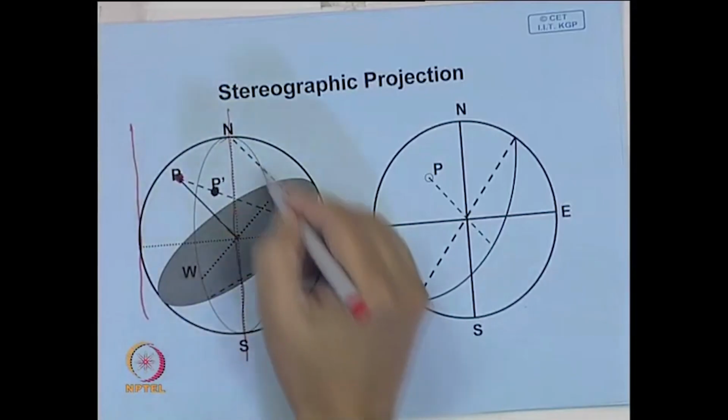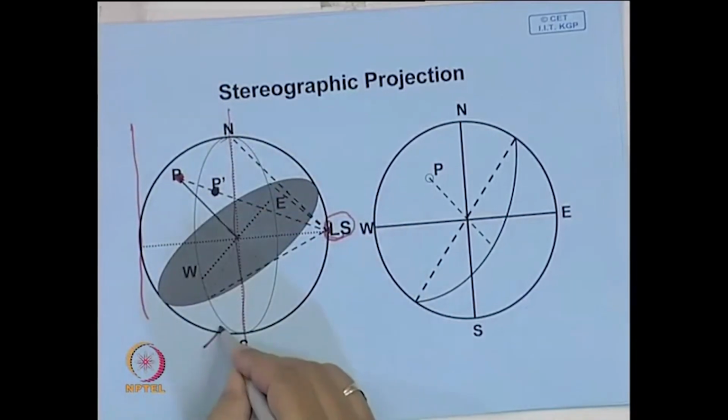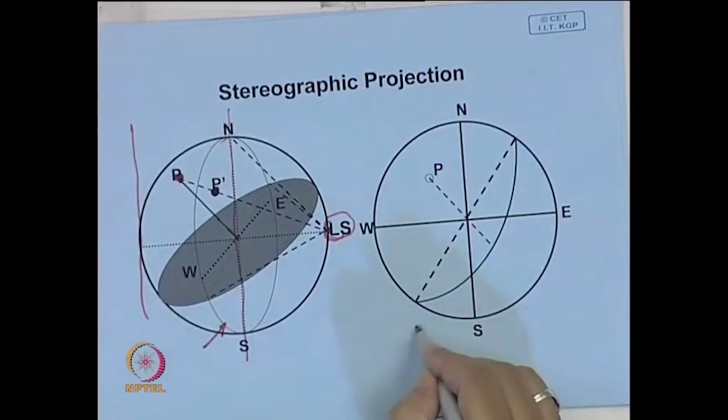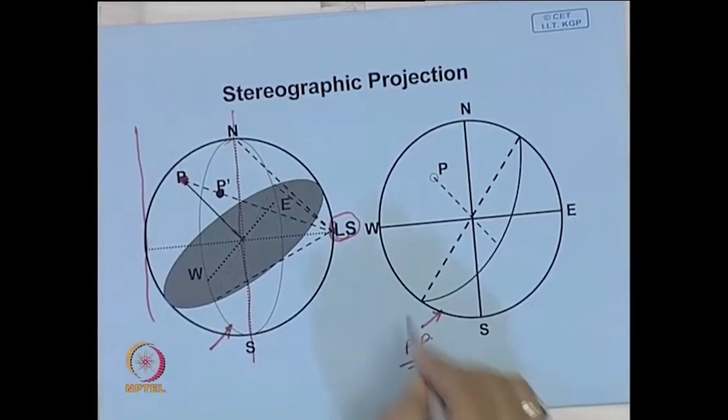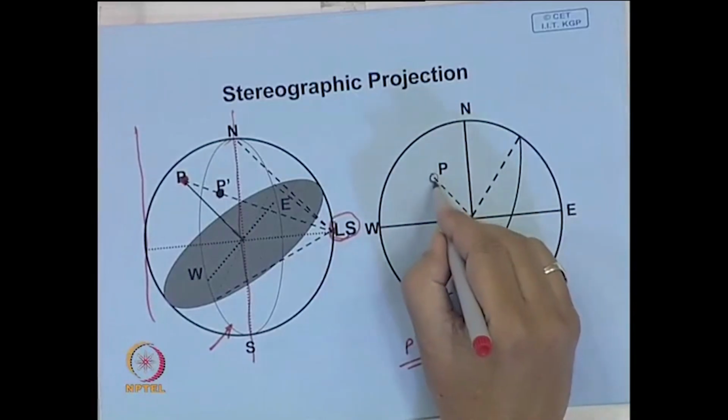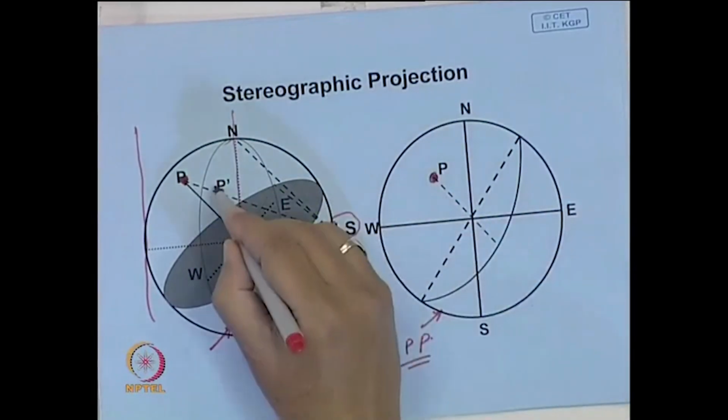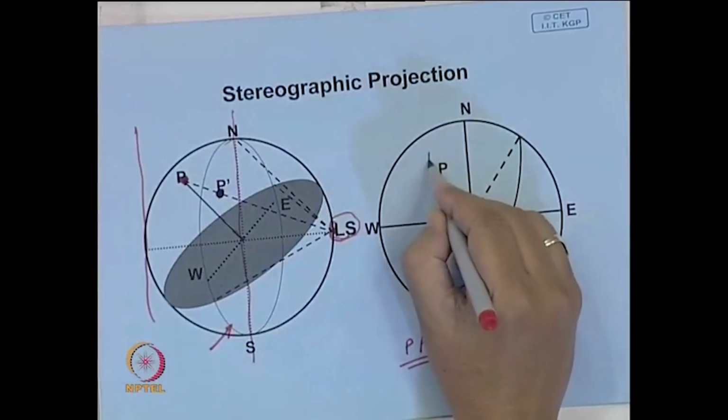This particular plane is called the projection plane, which is shown over here, and this point is shown here. This point is called the pole.